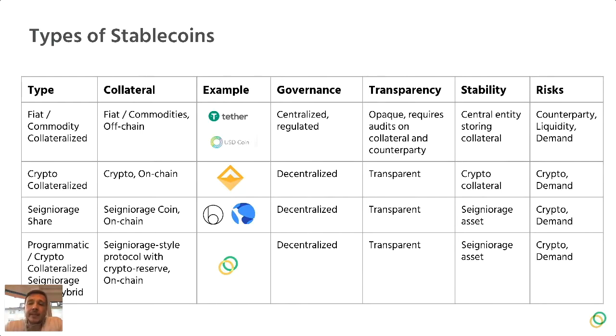And then, especially for those stablecoins that have an expansion and contraction mechanism, so basically those stablecoins where the supply can be adjusted to varying levels of demand, there also the future demand is a risk factor.